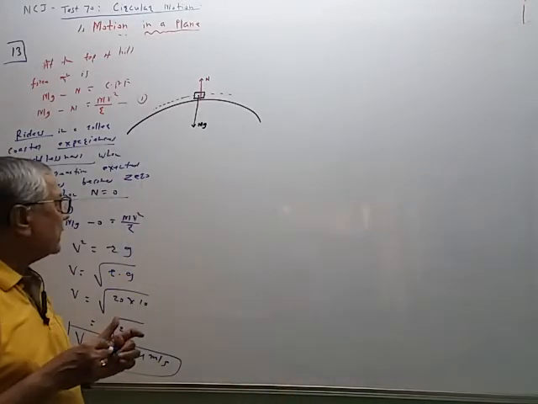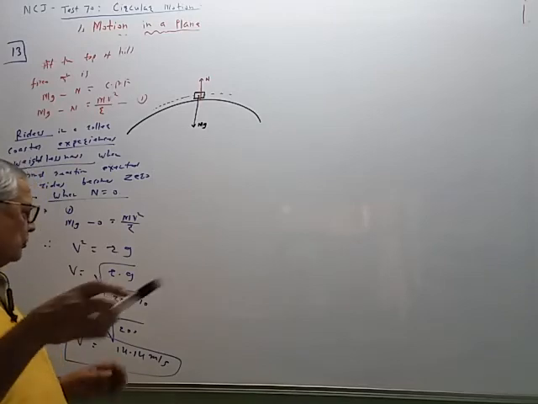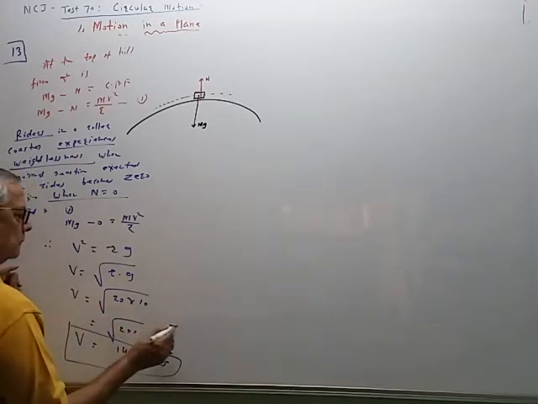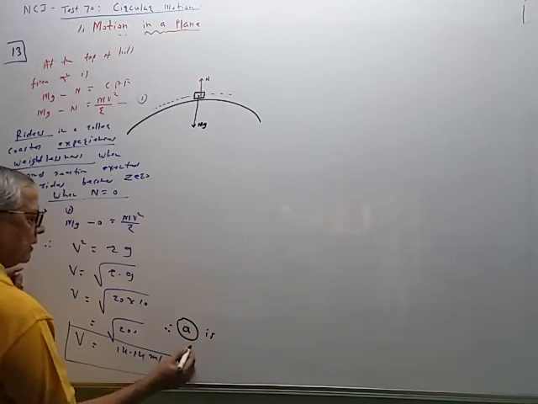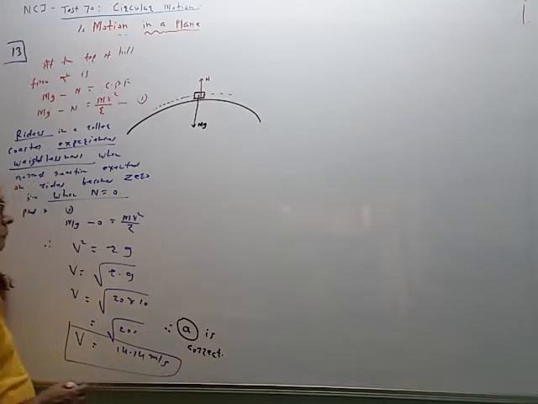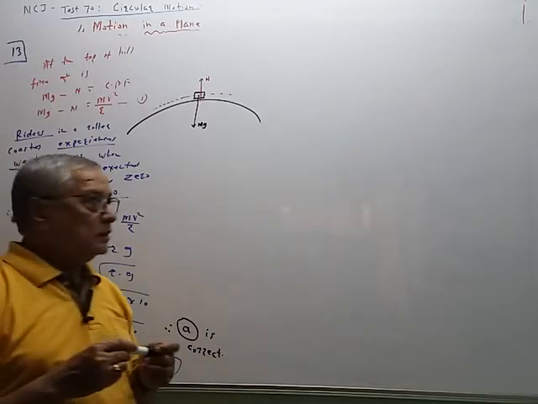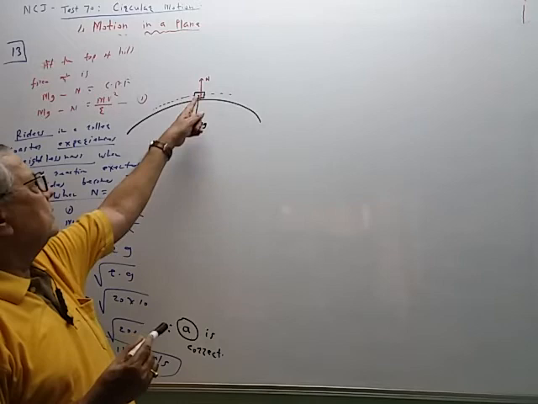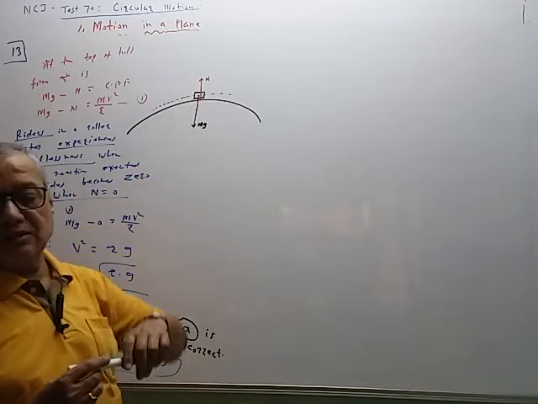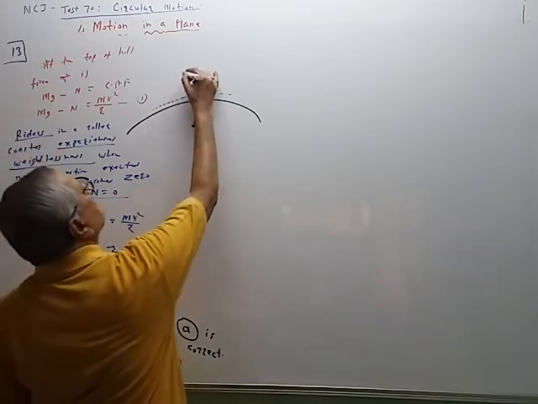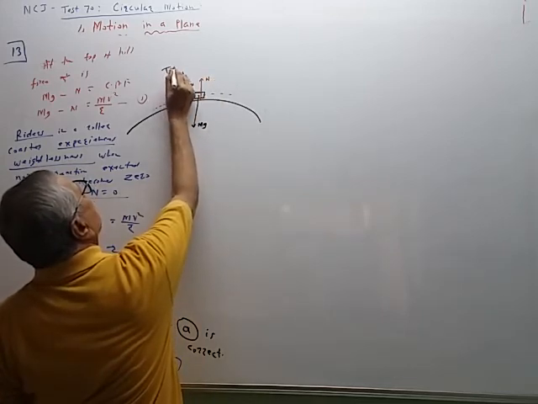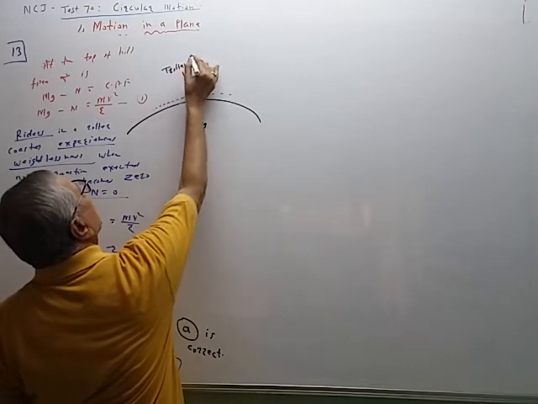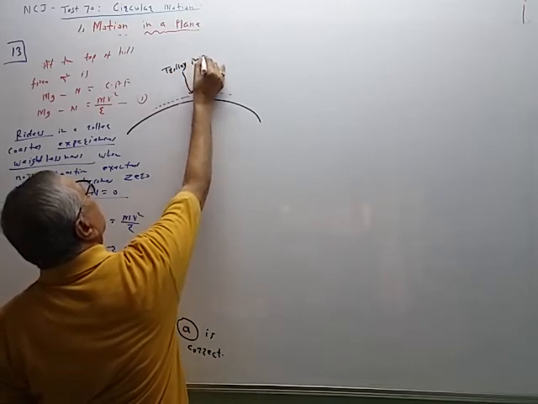Therefore, A is correct. This is the trolley in a roller coaster like this.